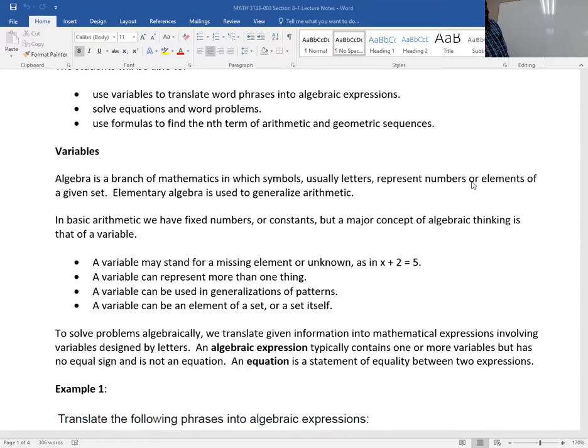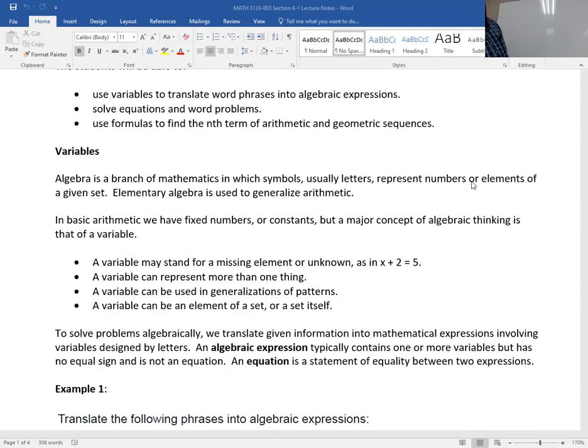Also, a variable can represent more than one thing. So in other words, x can be represented for anything. Like if I want to know the number of students in a classroom, that could be x being the number of students.